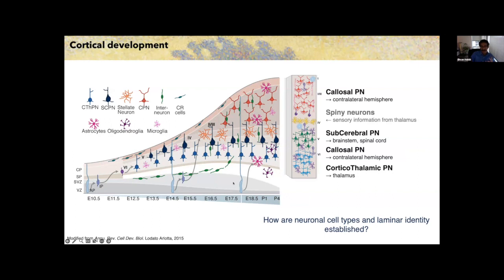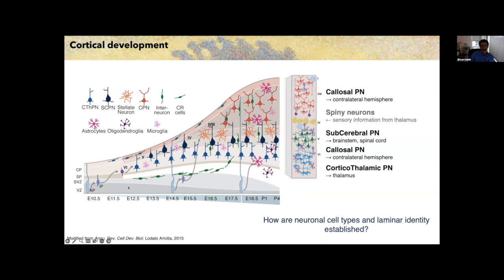For instance, during embryo development, apical progenitors lining the ventricular zone proliferate asymmetrically to self-renew, and at the same time give rise to intermediate progenitors, and finally different types of neurons are generated sequentially over different times and populate the cortex.